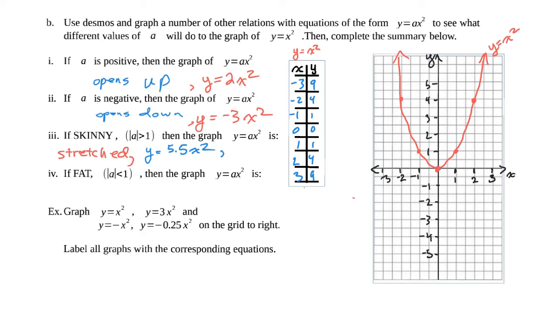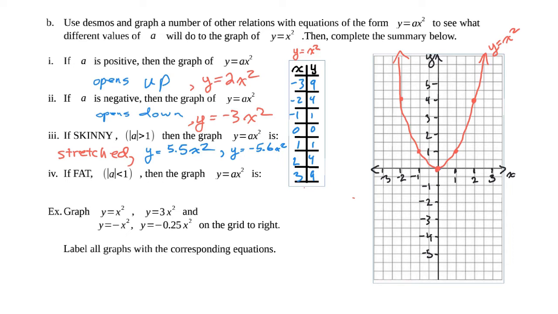Or another example would be y is equal to, say, negative 5.6x squared. Now, as long as I ignore the sign, one of them opens up, but its stretch is a factor of 5.5. But this one here has a stretch factor of 5.6. The negative means it opens down, but the 5.6, because it's greater than 1, tells us that this graph is stretched.